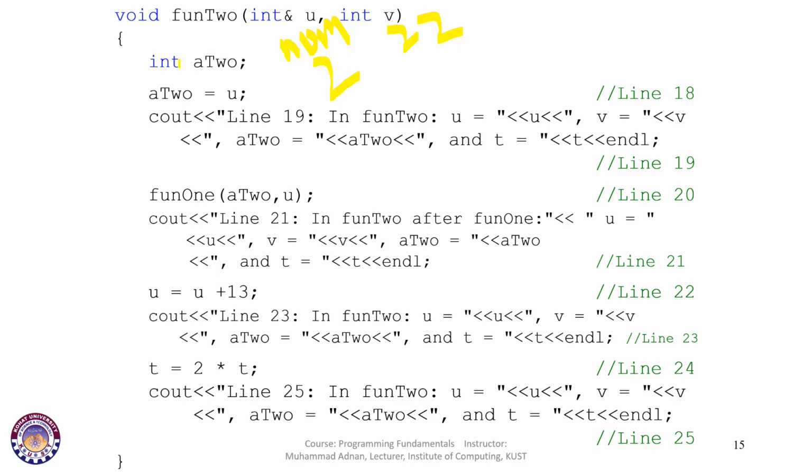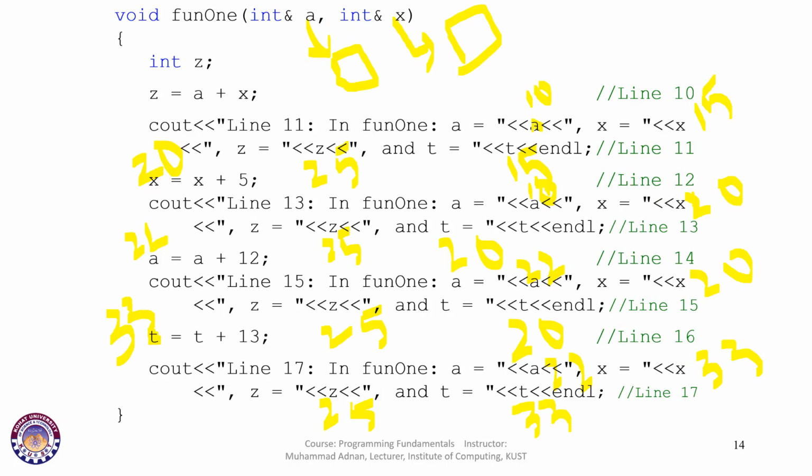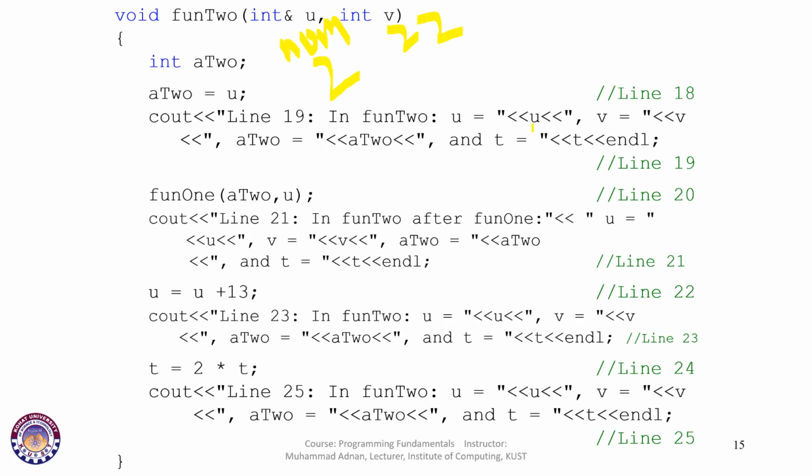Inside this function 2, we declare a variable called a2, assign whatever is stored in u, which is the address, to a2, and then we print the value. So we print u. So what was inside num2? It was 20. So we get the value of 20 and then print v, which is 22.